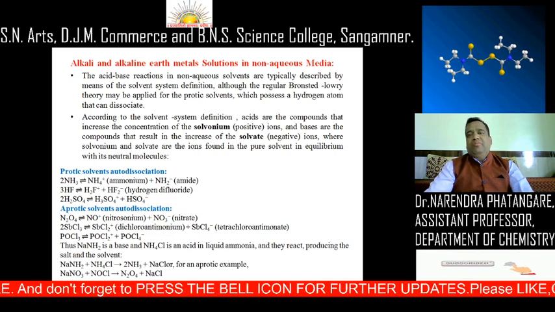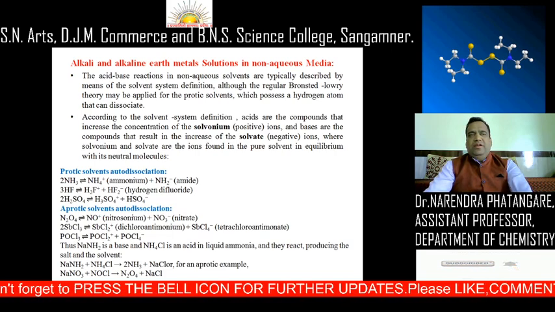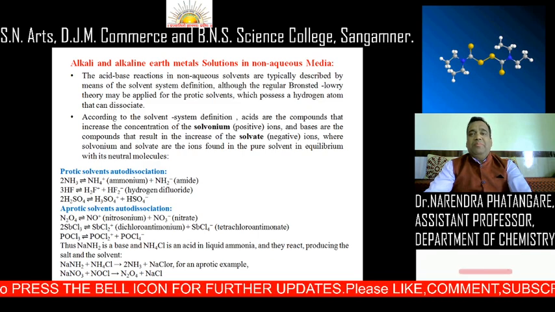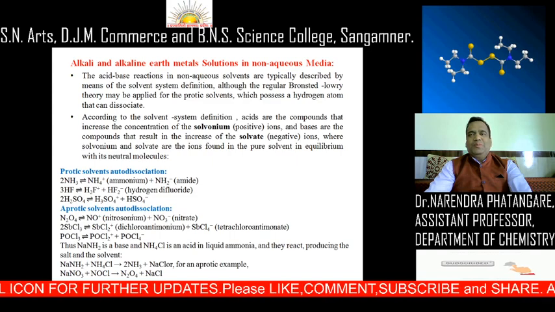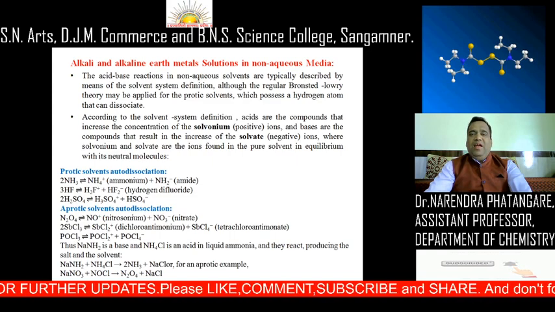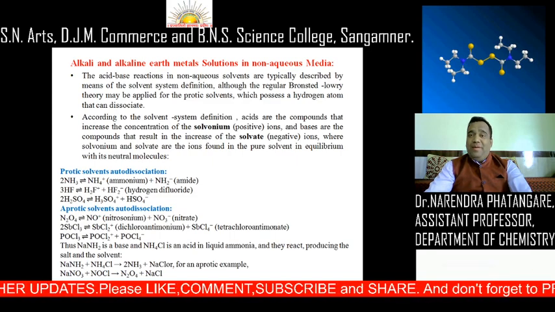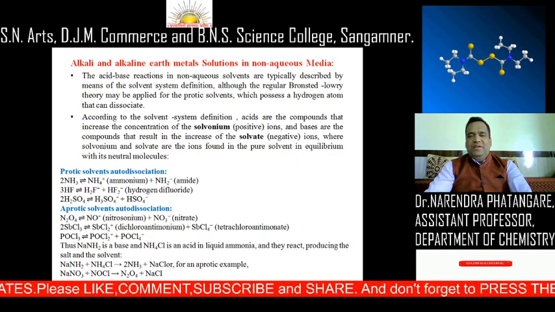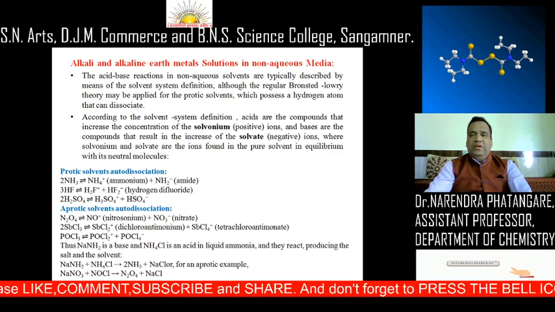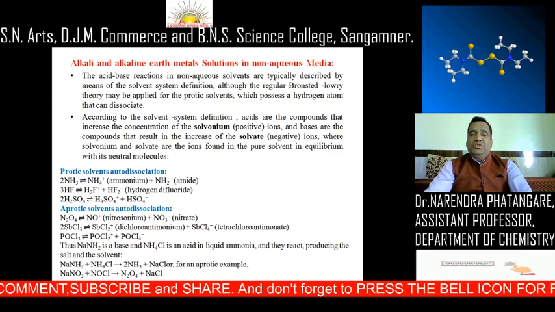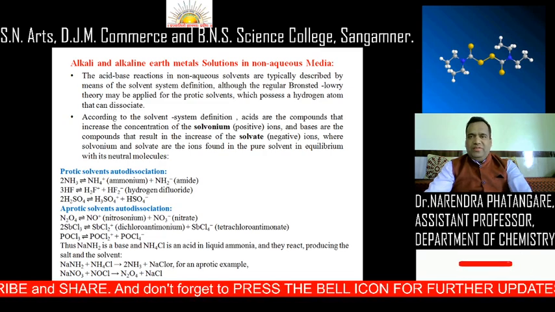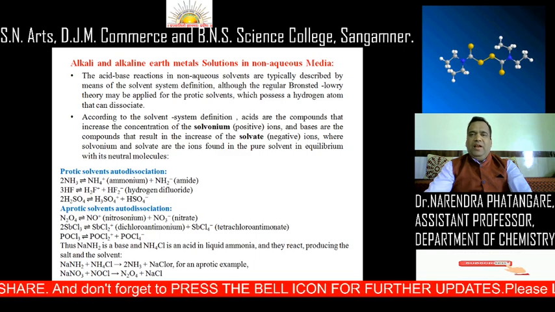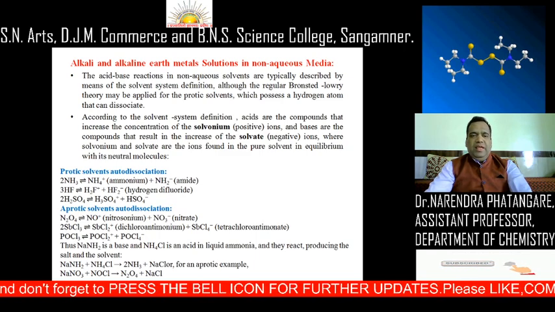And see the beauty of the chemistry: the ammonia has been in a different form. One is in NH4 plus form, while the other is NH2 minus, which is in amide form. That means, as you learned in the case of the Gabriel reaction, the role of amide as a nucleophile, and that we have to learn in organic chemistry.